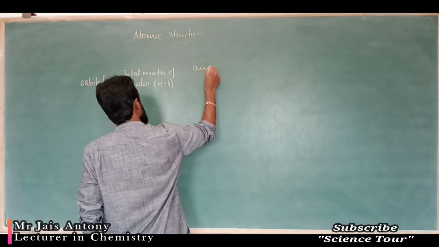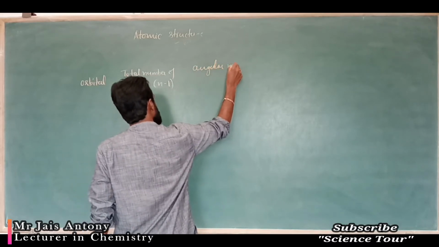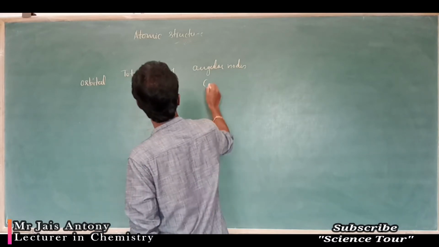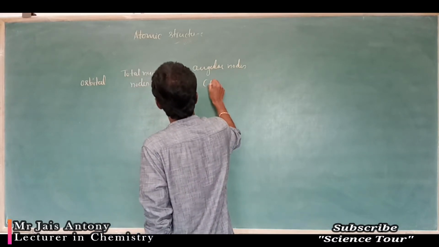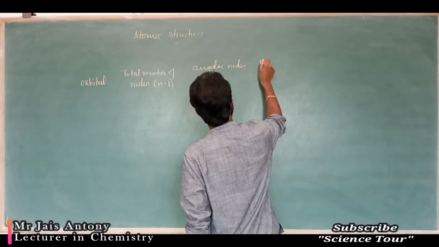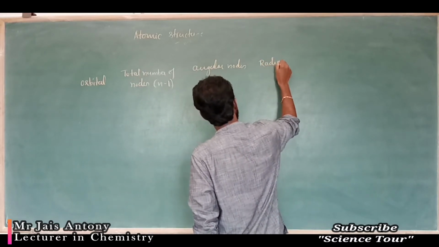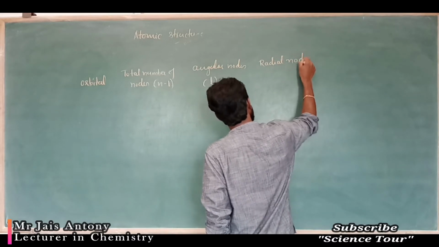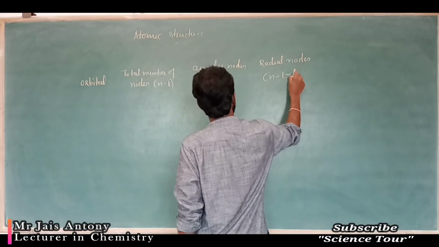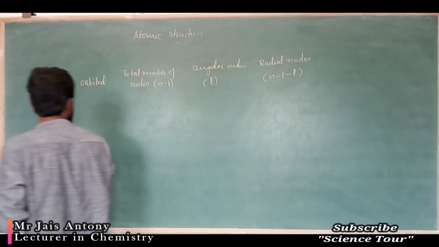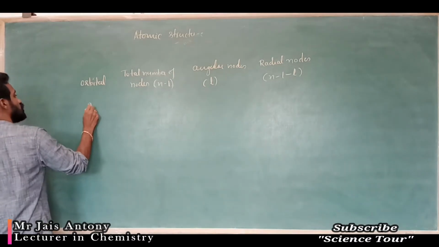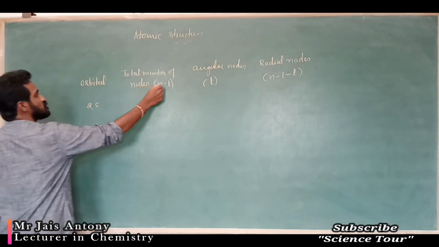Angular node, formula L. Radial node, formula n minus 1 minus L. Okay, first we will find out how many nodes are present for 2s.